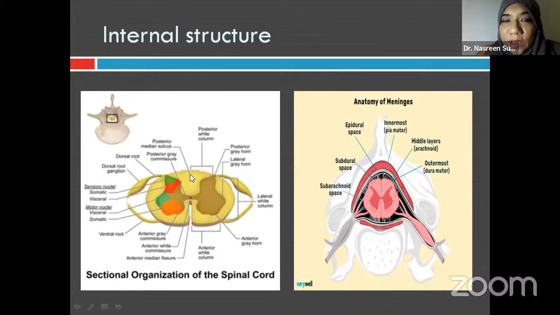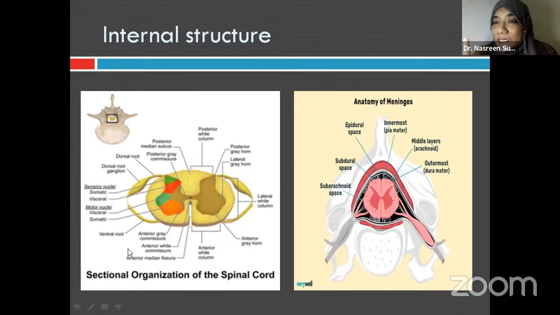Now wherever there is a breakage, or I can say folding of the white column, it is called a sulcus. Folding of the white column. So you are having the posterior median sulcus, and here you call it the anterior median fissure.